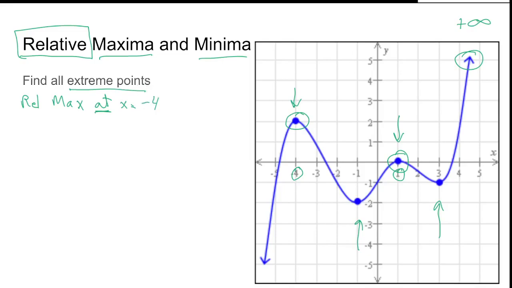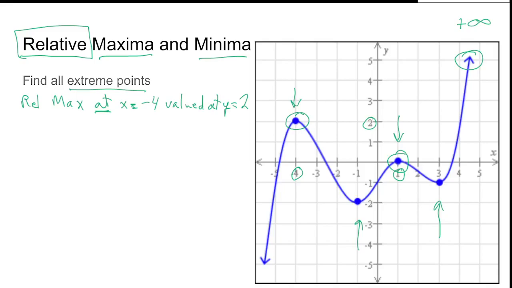We could have just said at -4, and that would imply it was an x value at -4, with a value, or just valued at y equals 2. And I'll put the x and the y here. Now we could leave the x and y off, but if we do, it's not as clear, right? Maximum at -4 valued at 2 is how we could read that.